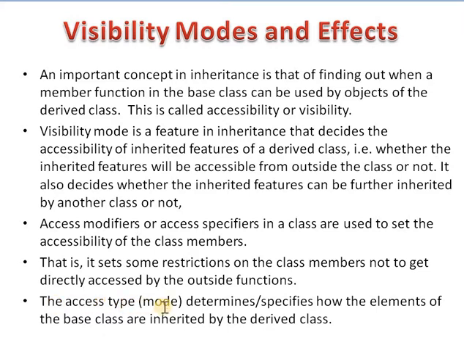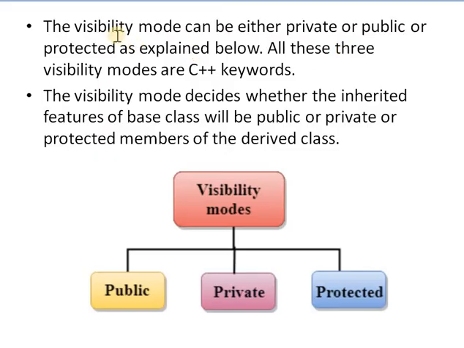The access type, that is the mode, specifies how the elements of the base class are inherited by the derived class. The visibility mode can be either private, public, or protected. There are three types of visibility modes present in C++.